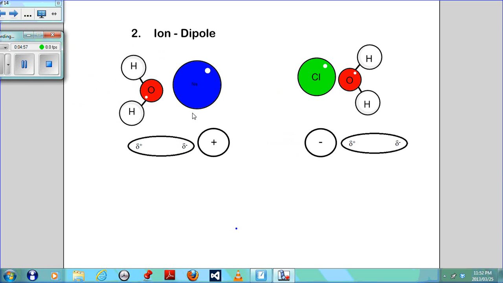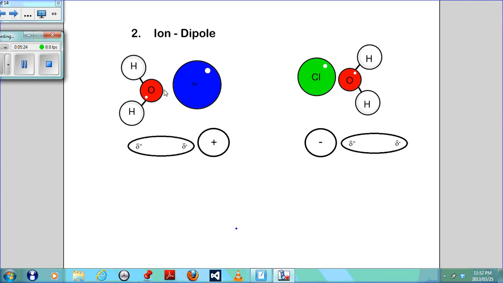So for example, if you take table salt, NaCl, and you put it in water, we see that the table salt dissolves readily in water because table salt is made up of Na+ ions and Cl- ions. So here we have the Na, which I have written as a positive ion here at the bottom. And if you look at the water, it is a polar molecule, it is a dipole.